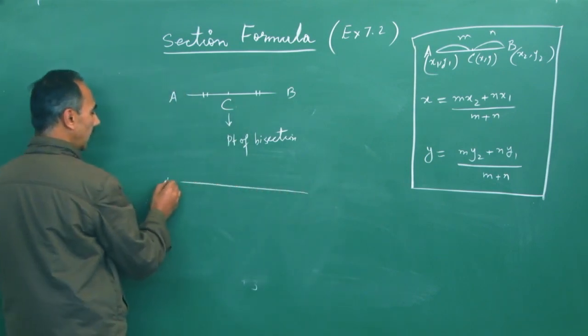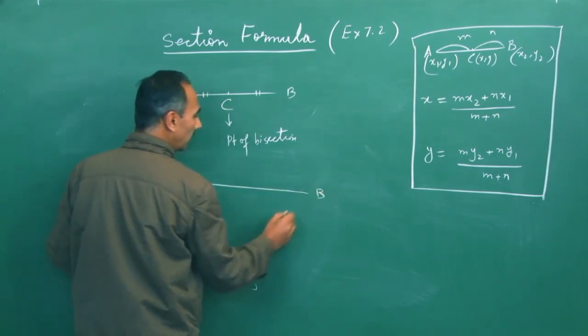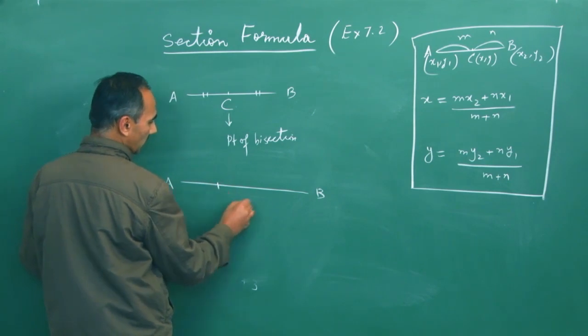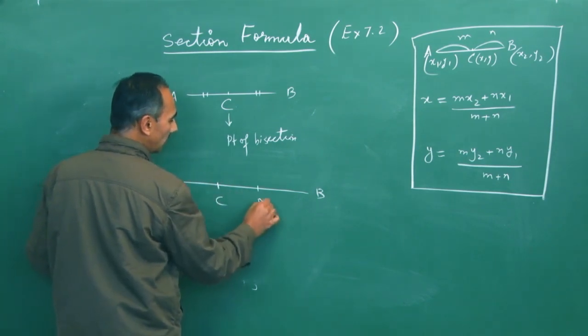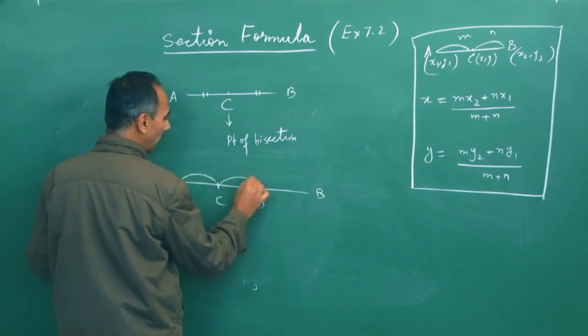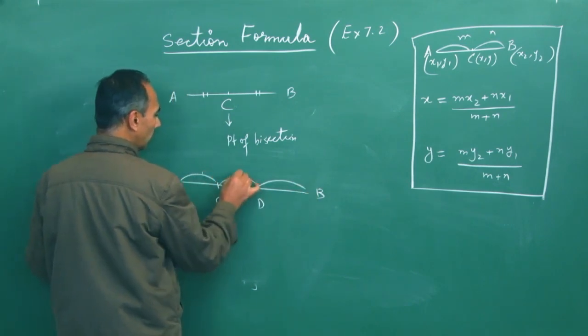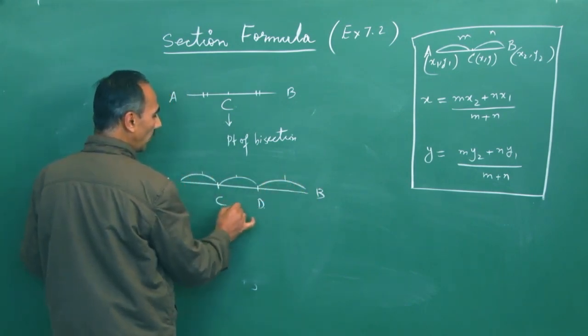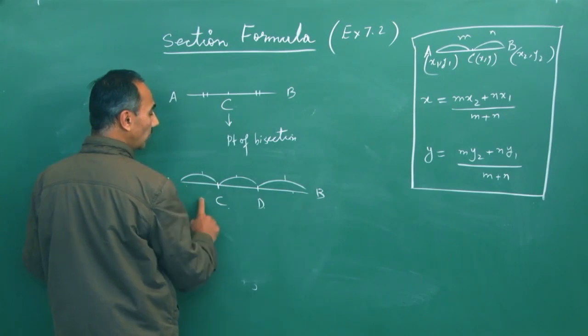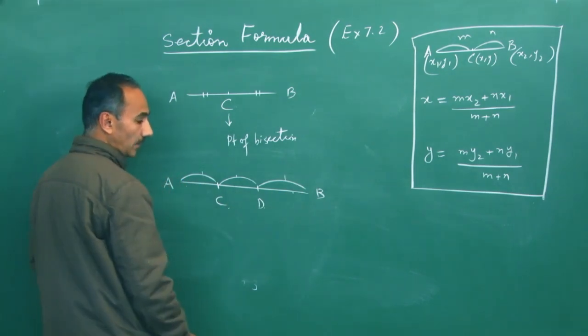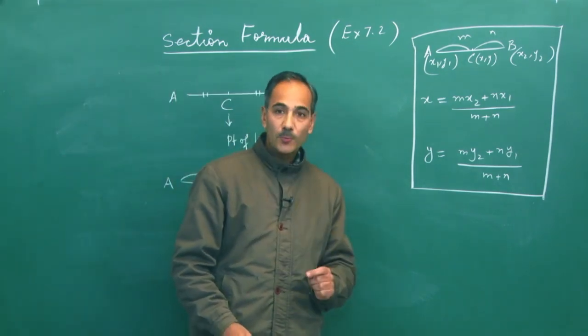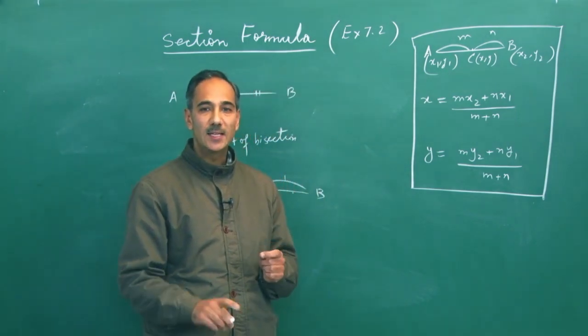Now again I take a line segment AB and I divide it into 3 equal parts. So 2 points will divide it into 3 equal parts. This part, this part, this part. They're all equal. So 2 points will divide a line segment into 3 parts. That means number of points is 1 less than number of parts.